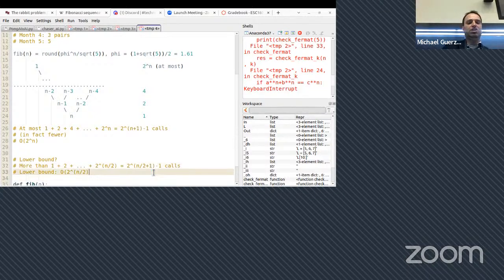So we can just say 2 to the n over 2, which is equal to the square root of 2 to the n, just because 2 to the half is the square root. 2 to the half times 2 to the n is 2 to the n over 2. So that's O of square root of 2 to the n. The square root of 2 is about 1.41.